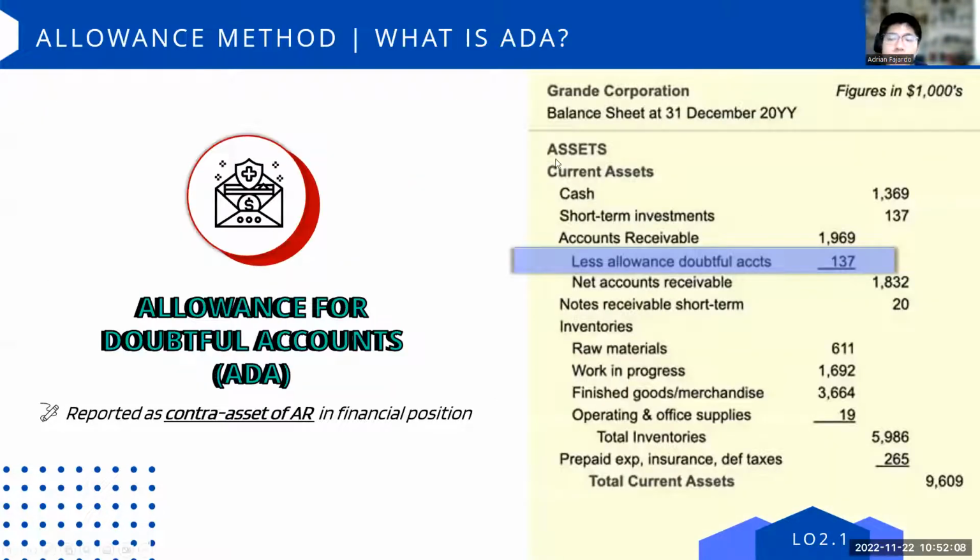So now, super important for you to understand that the reason why nakalagay account receivables net is because there's a contra AR account called ADA or allowance for doubtful accounts. Now, if you have an AR of 1,969 less your ADA of 137, your net accounts receivable would be 1,832.